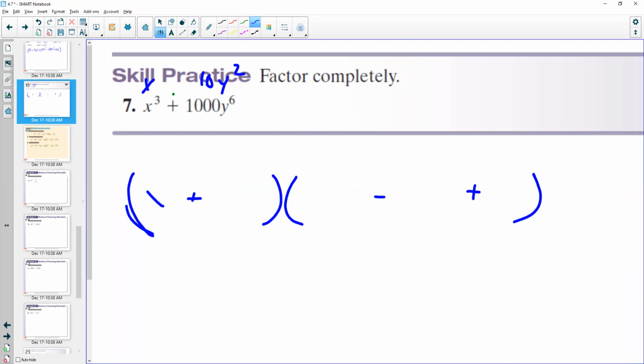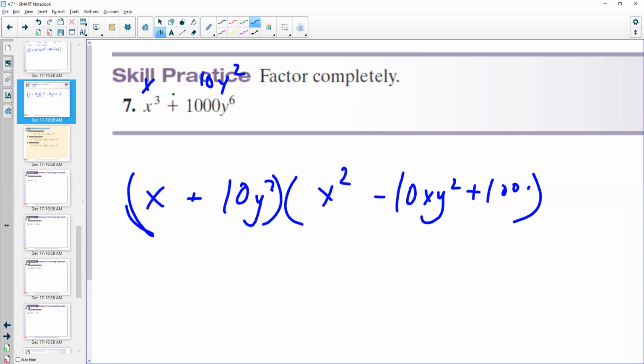Put things into place. X, 10y squared. X squared is just x squared. X times 10y squared is just 10xy squared. And then 10y squared squared would be 100 y to the 4th. Finished. That 4 should be in the parentheses, but it didn't fit.